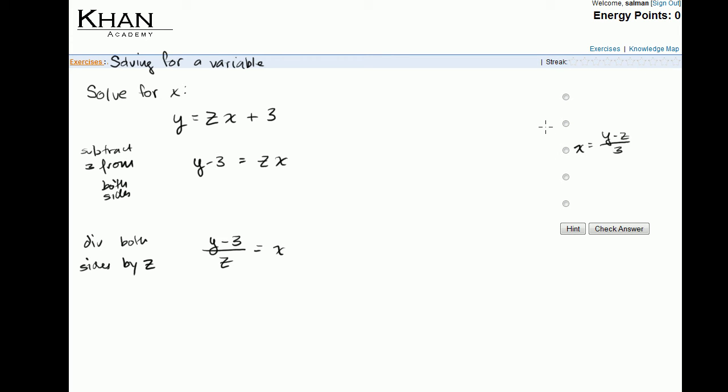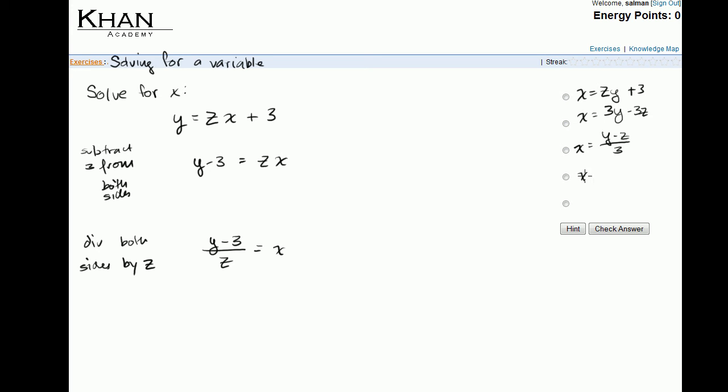But then we'll have some incorrect choices. Maybe one where you just swap the x and the y, so you get x is equal to zy plus 3. Maybe you make up some random things here, x is equal to 3y minus 3z.